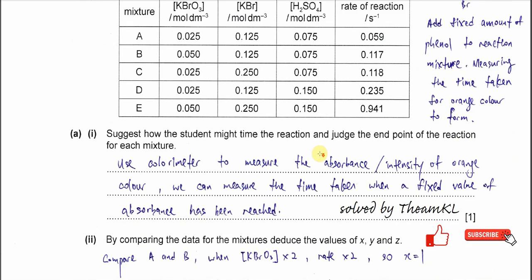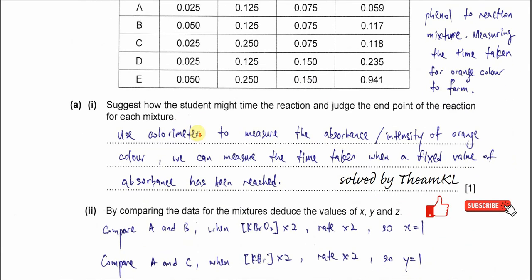Part A1 asks you to suggest how the student might time the reaction and judge the endpoint of the reaction for each mixture. For this one you can actually use two methods. You can use the colorimeter. This one measures the color intensity, meaning it's actually about absorbance.